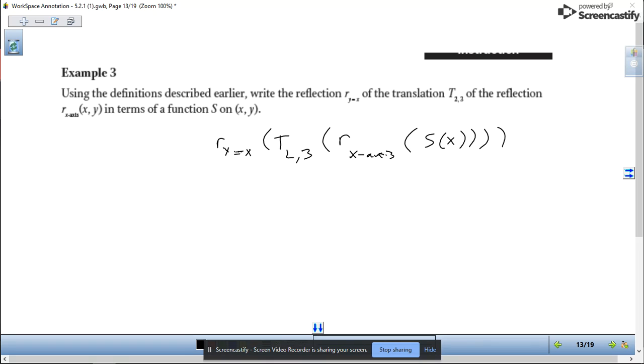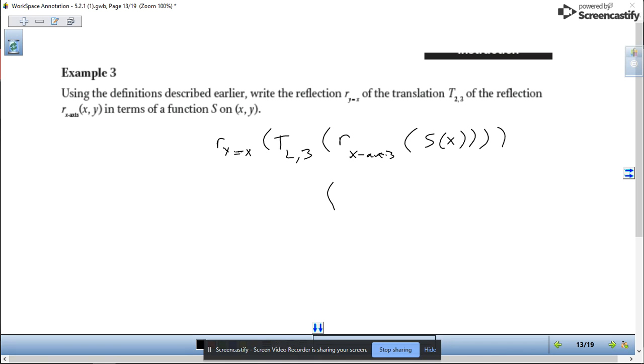All right, so we have a lot going on here. Now, s of x is just a basic point, so we're talking about (x, y). We're going to do all these things and work our way from the inside to the outside. So the first one is the reflection over the x-axis. If you go back to your rules, it's worth going back to the rules on this: the reflection around the x-axis takes your x and y, keeps x in the same place, but the y value becomes negative.